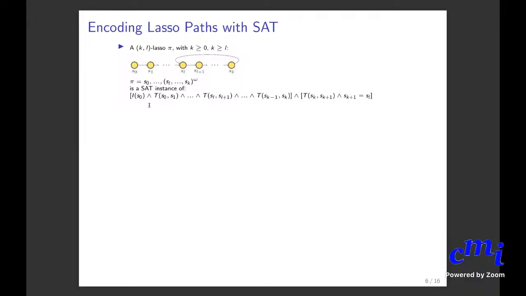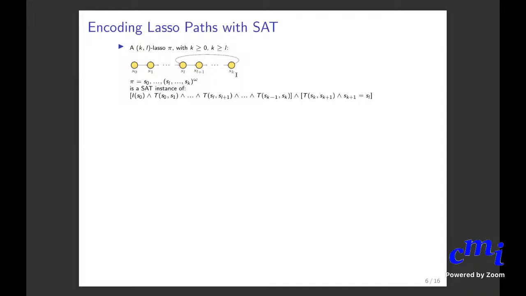some sequence as a SAT instance of this BMC, bounded model checking formula, where the first part between square brackets denotes a k-long run of the transition system from an initial state S0 to Sk.